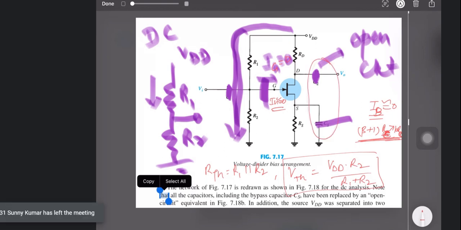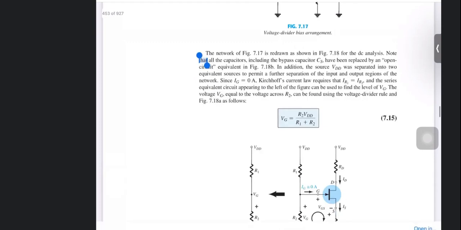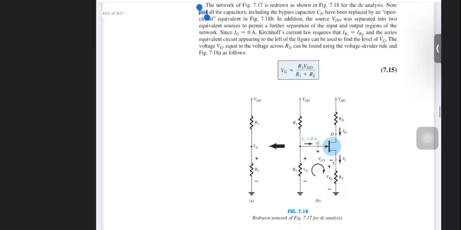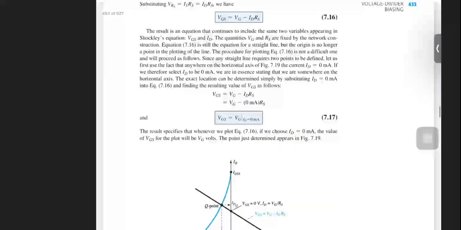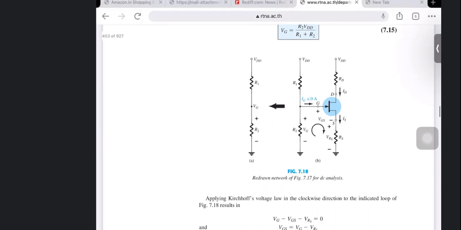But we are saying these capacitors, they are open circuit. Now if I go for this, this VG, that is VThevenin type thing, and because this is R1 parallel R2, VG is R2 divided by this, and this is what we are getting here.